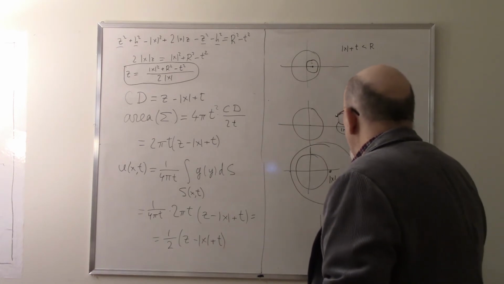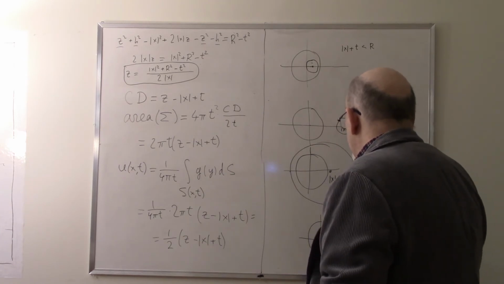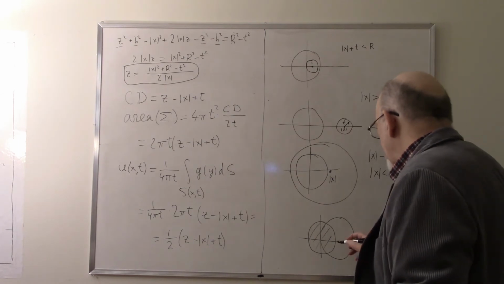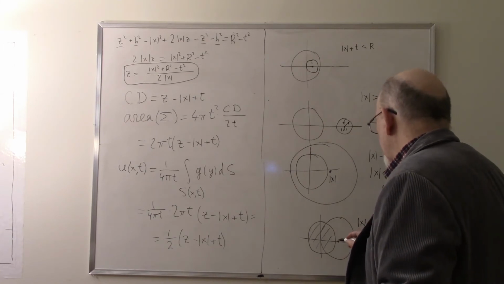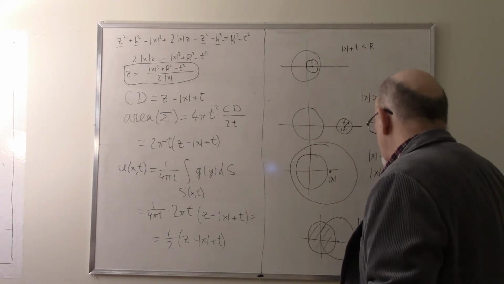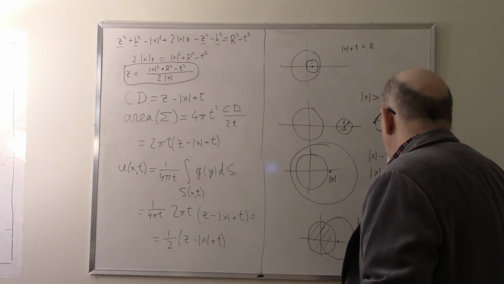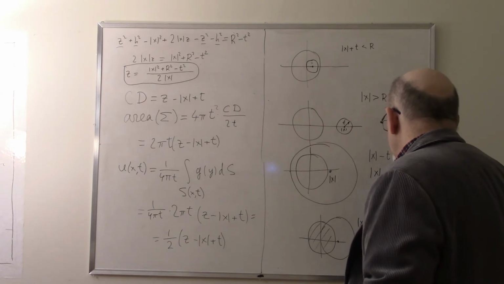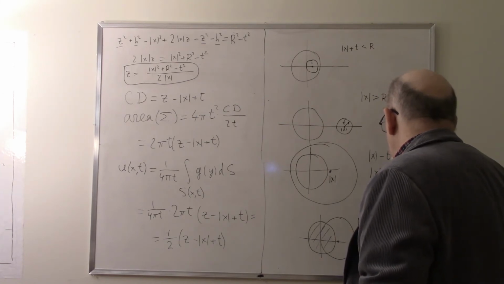Yes, it is this case. And we have the remaining case, when this is our ball of radius r, this is our sphere, and in this case modulus of x minus t, it is this point, more than minus r, modulus of x minus t less than r, and modulus of x plus t more than r.